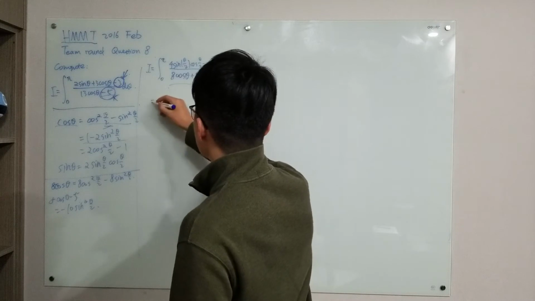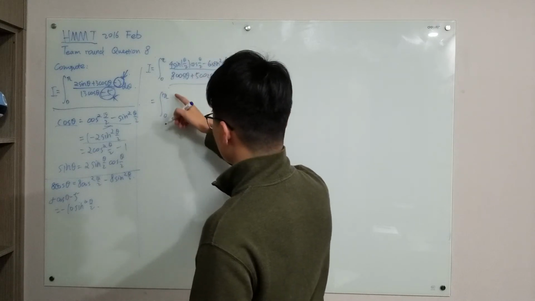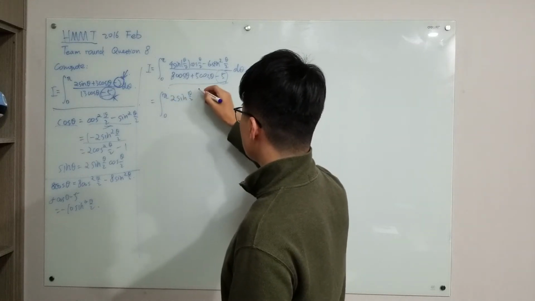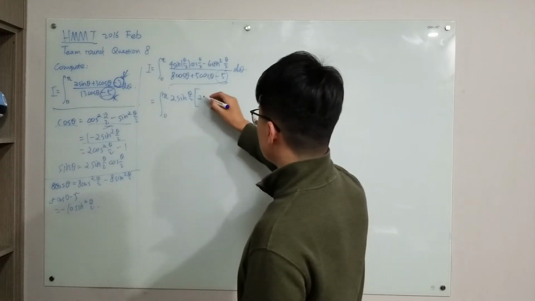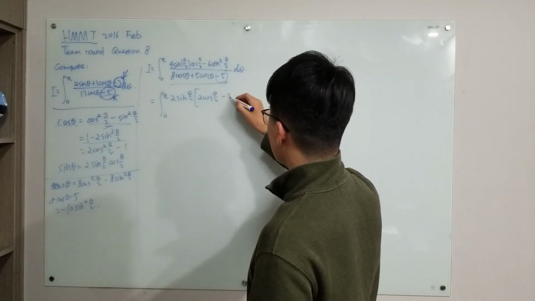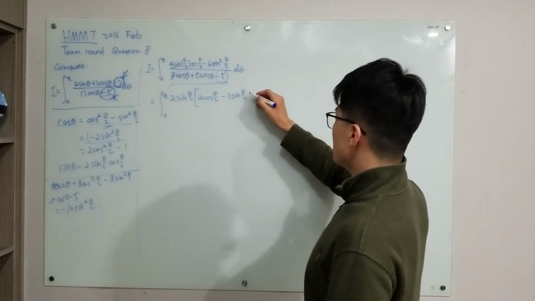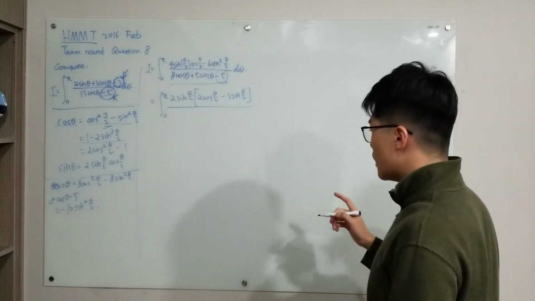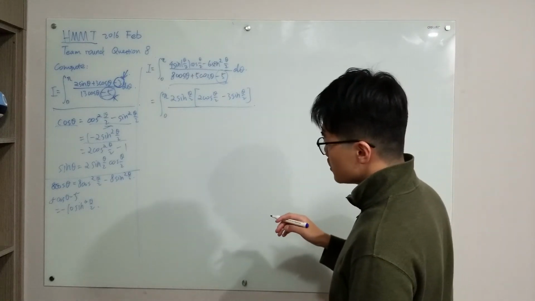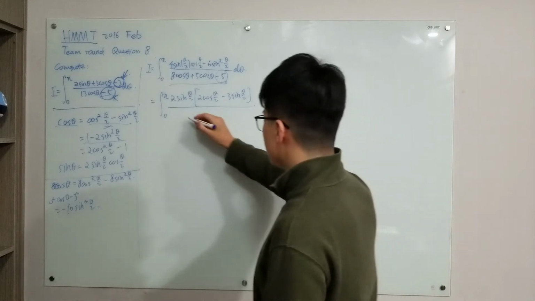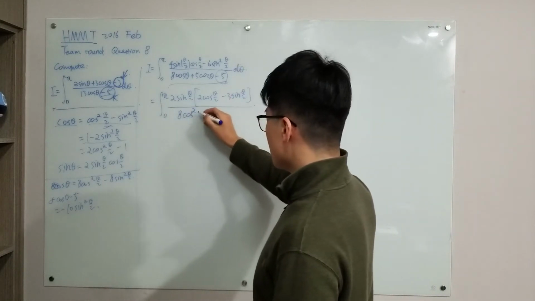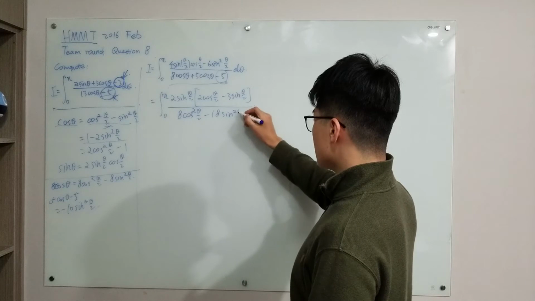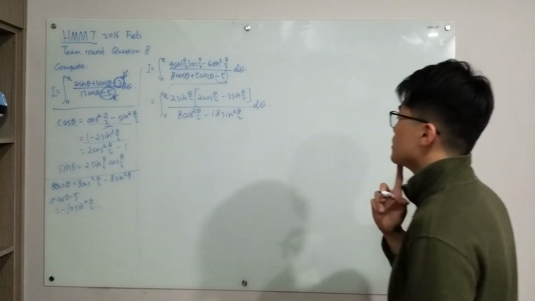So we are left with the integral from 0 to pi of 2 sine theta over 2 times 2 cosine theta over 2 minus 3 sine theta over 2, and on the denominator, 8 cosine squared theta over 2 minus 18 sine squared theta over 2, d theta.